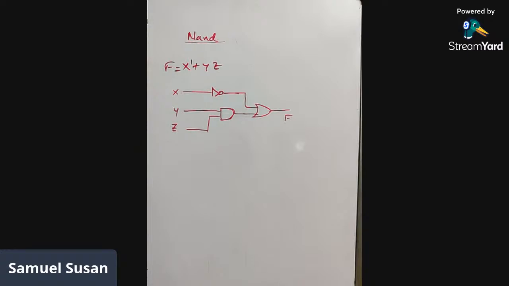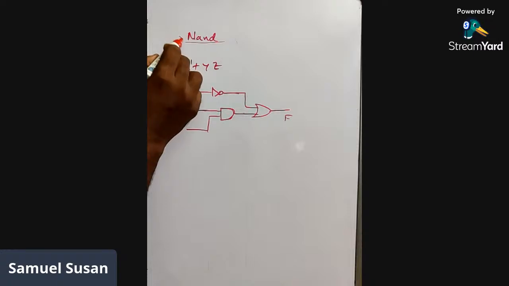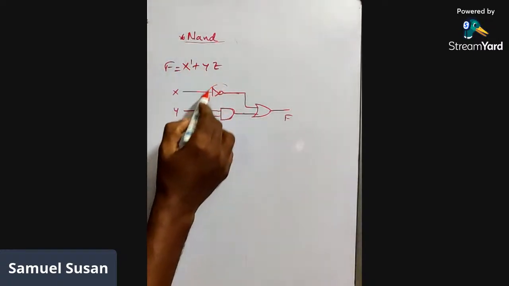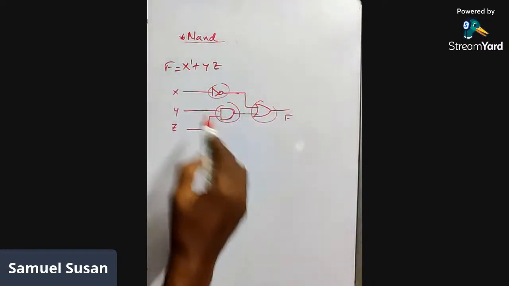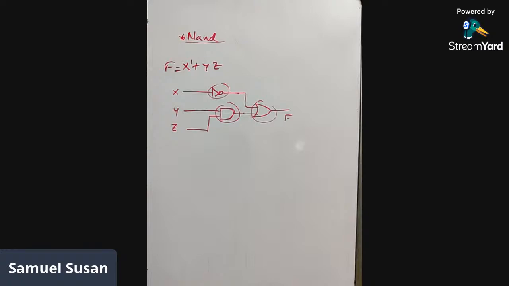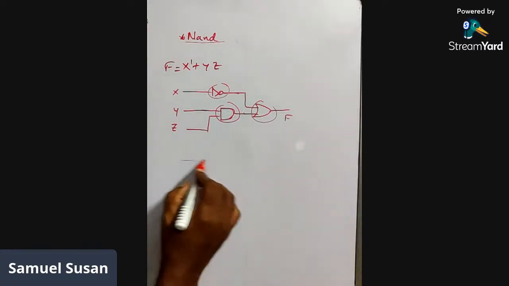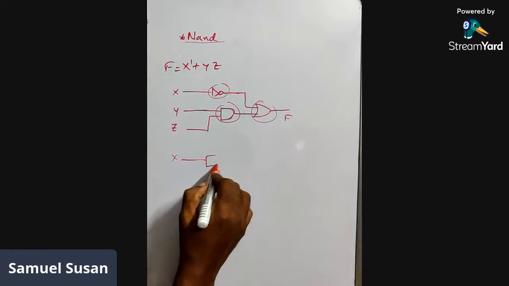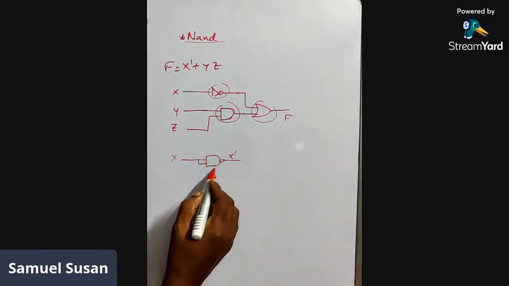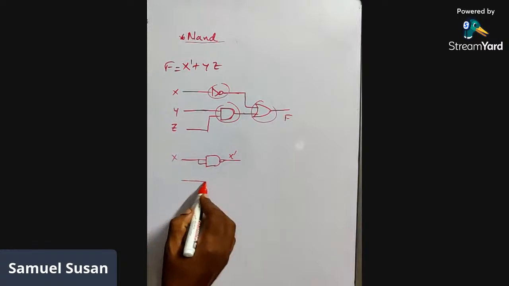But if you are asked to implement that using only NAND gate, what do we do here? Replace these gates with the NAND gates we have seen previously. If this is x, we use that NAND gate operation, so you get x dash here. This is the NAND operation for the NOT gate, already you have seen that.